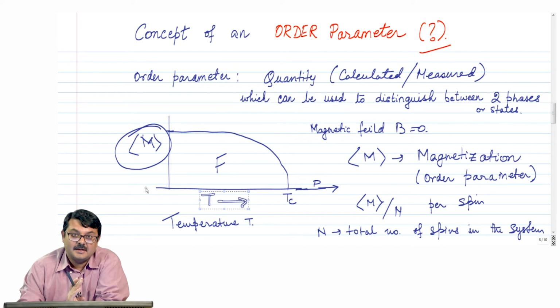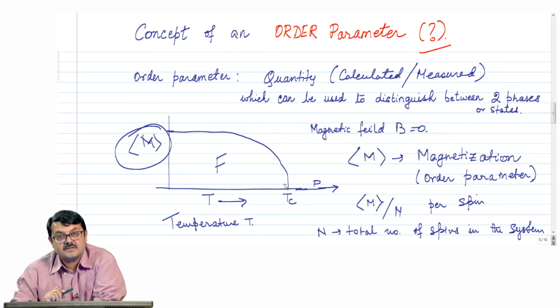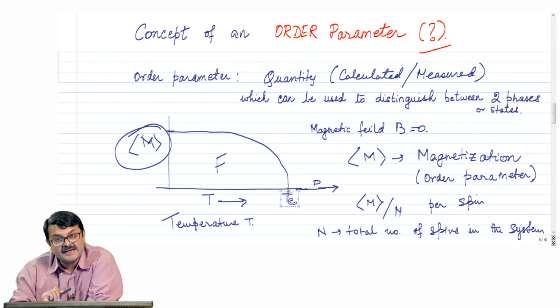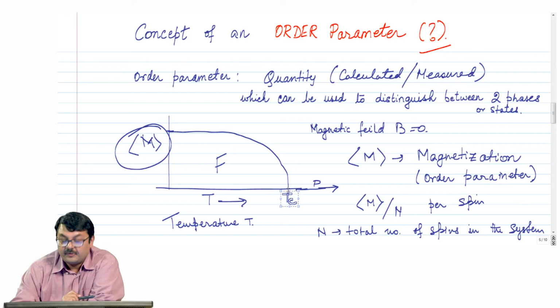The magnetic moment will be the maximum, but as you increase the temperature, you will see that the magnetic moment slowly decreases, and above a certain temperature, the so called critical temperature Tc, the magnetic moment will go to 0, right.